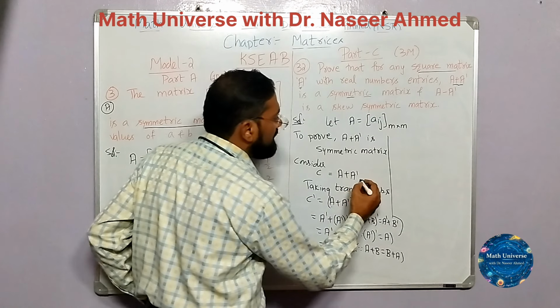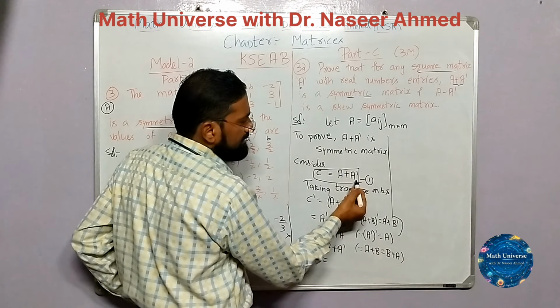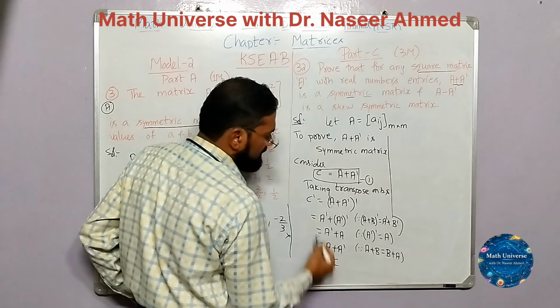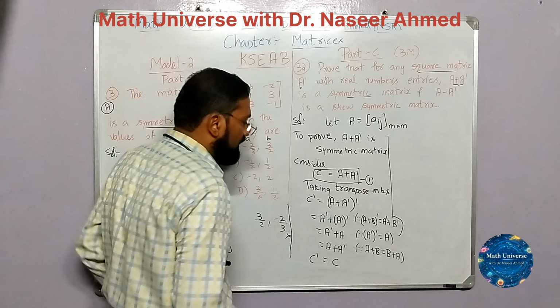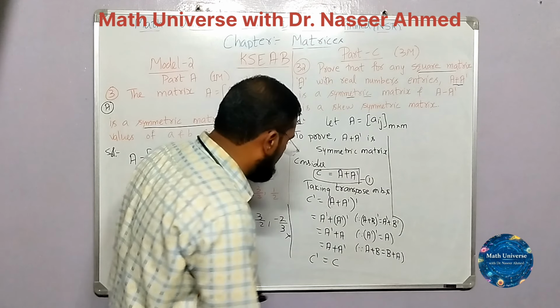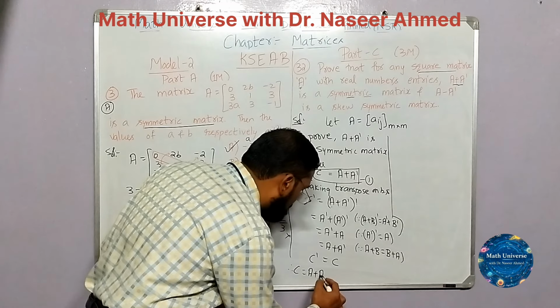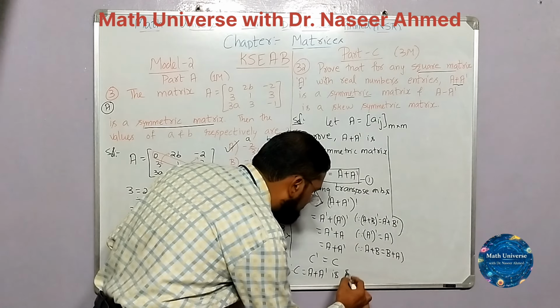So this is the same as equation number 1, which is present here. So I can just write this as the same as matrix C, and what's the left hand side? C transpose. So I have got C, A plus A transpose. When I take the transpose, I got back the same. Therefore I can comment that C, which is equal to A plus A transpose, is a symmetric matrix.